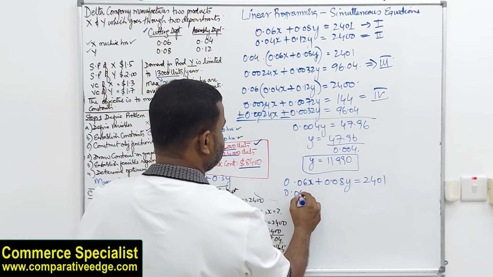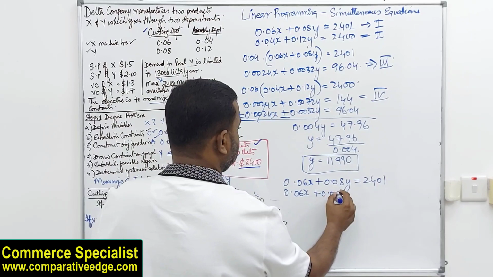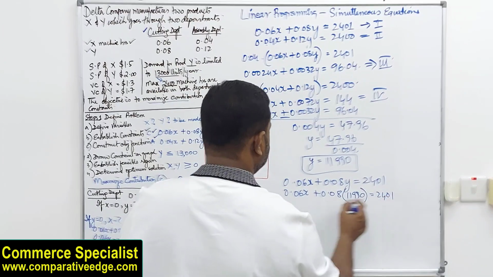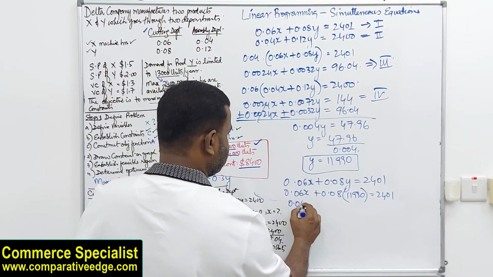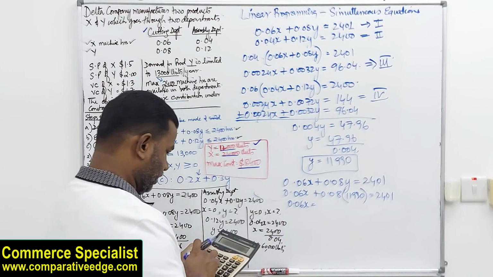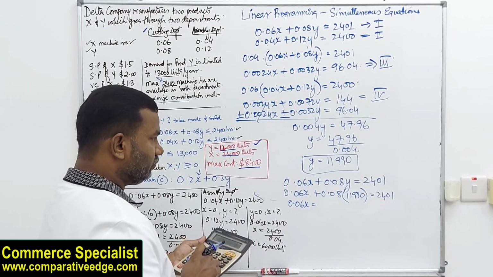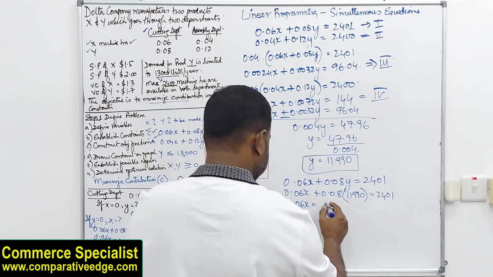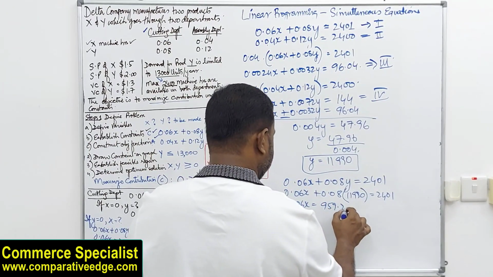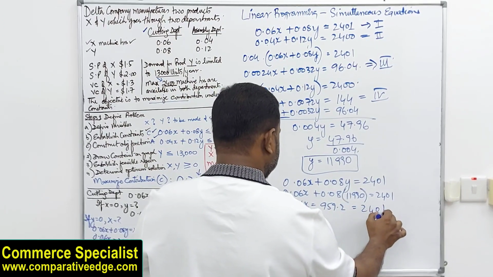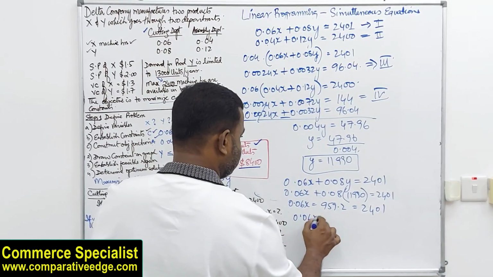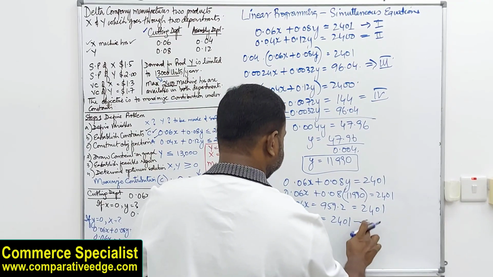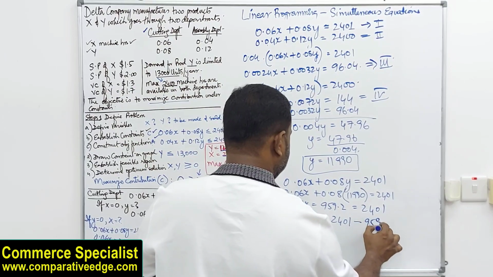So 0.06x plus 0.08, instead of y I am putting 11,990, is equal to 2401. So 0.08 into 11,990 will give me 959.2.